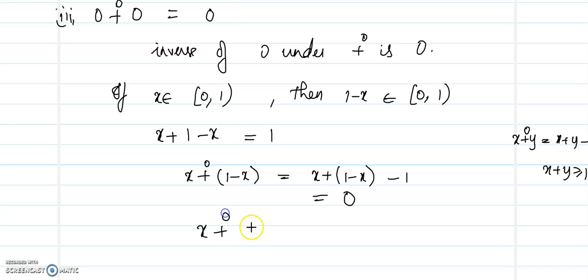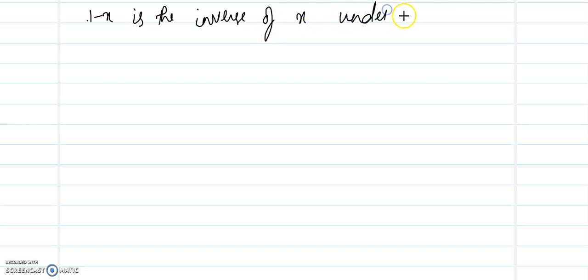So when you take x sum modulo 1 minus x, you get the identity element. That means 1 minus x is the inverse of x under sum modulo 1.